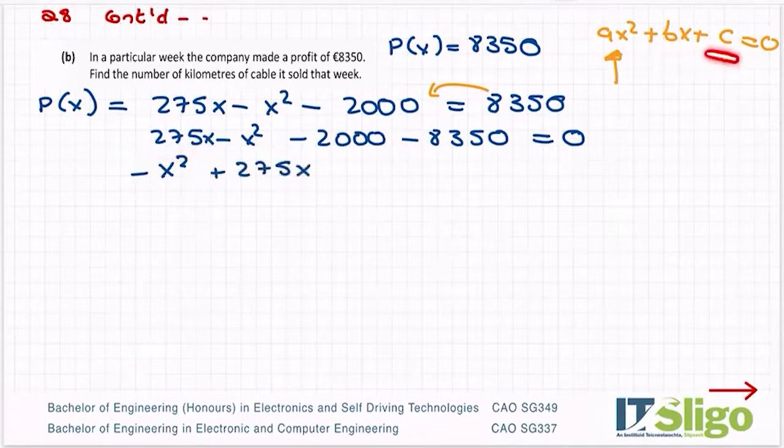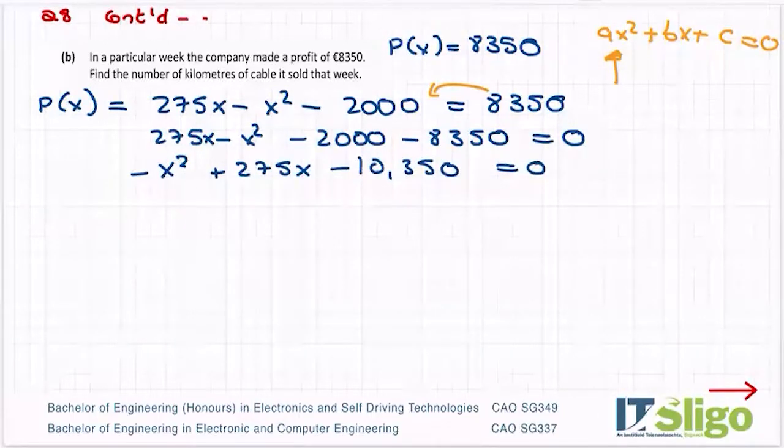And then my number, so on my calculator, minus 2000 minus 8350 is minus 10,350 equals 0. It doesn't look a bit nice, but don't worry about it.